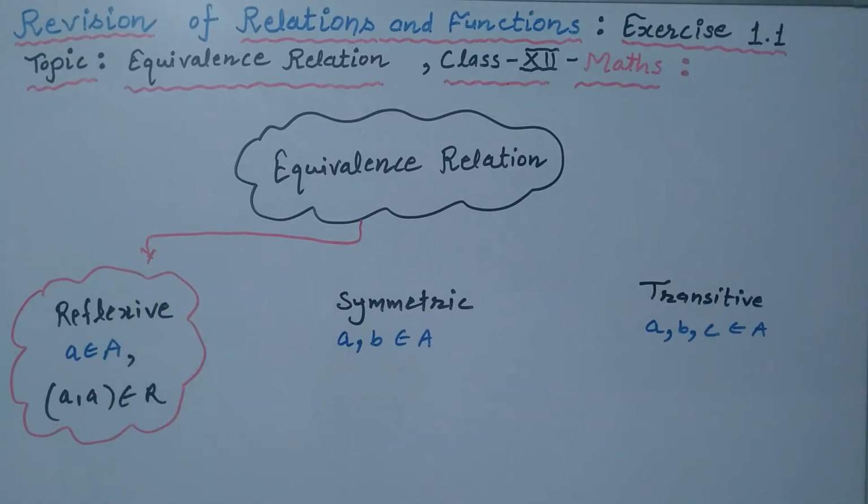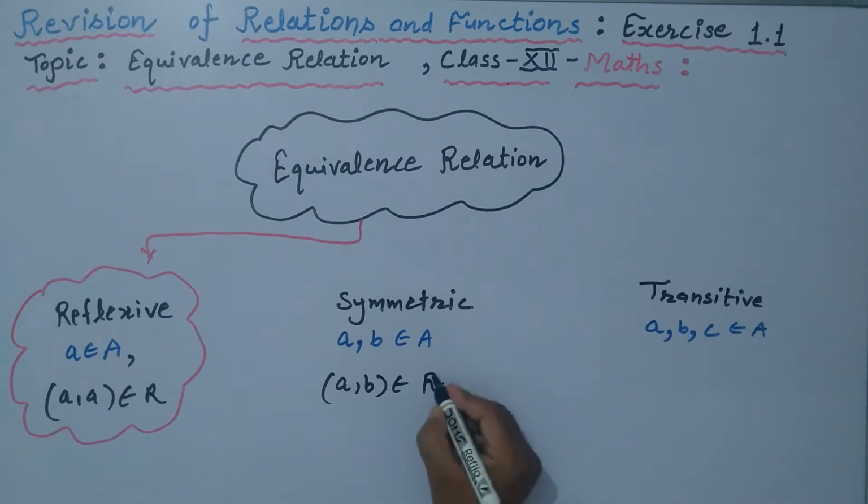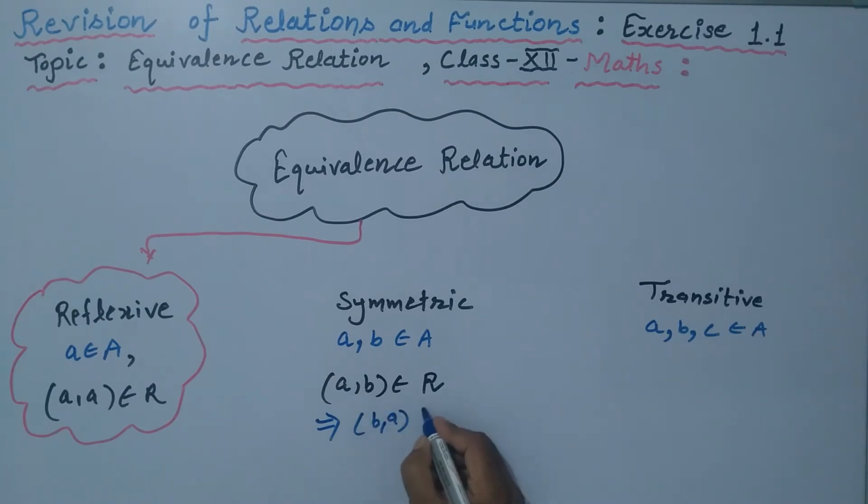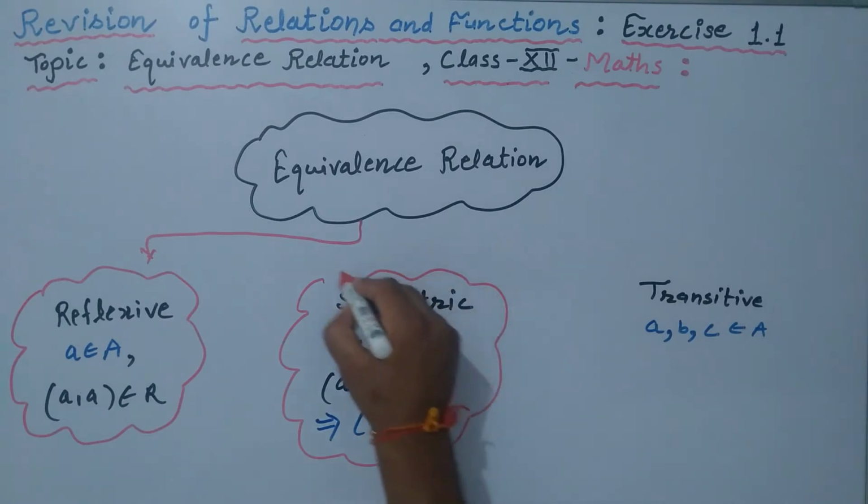Similarly, for symmetry, if any ordered pair (a, b) belongs to the given relation R, this implies that if we reverse the order, (b, a) also belongs to R. If this is possible, then we say the relation is symmetric.